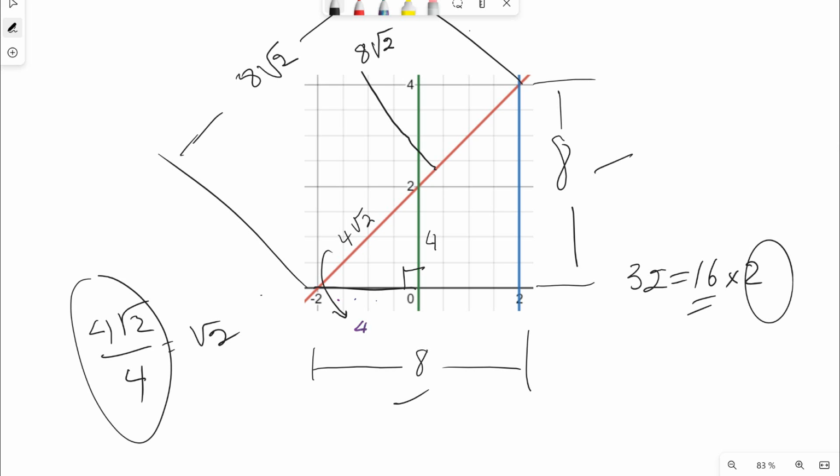What you actually did, you know? It gives you this number here divided by this side, which is 8, and you again obtain the square root of 2.